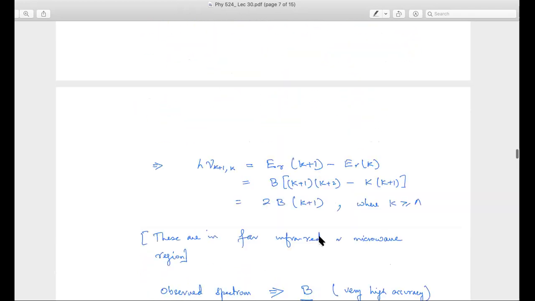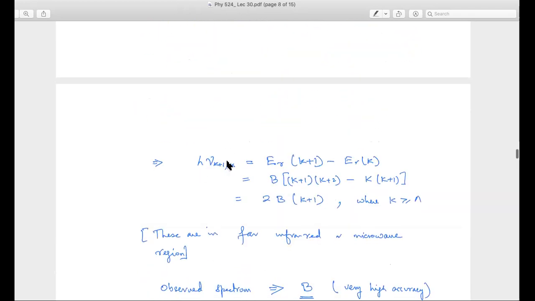The pure rotational spectrum will be given by E_R of k plus 1, where k is the total angular momentum quantum number, minus E_R of k. The energy difference is the emitted photon energy, h nu, for a transition between rotational states k and k plus 1. Now you can calculate this with b.